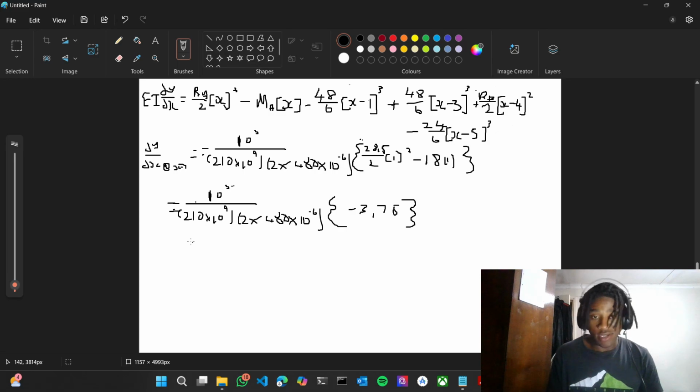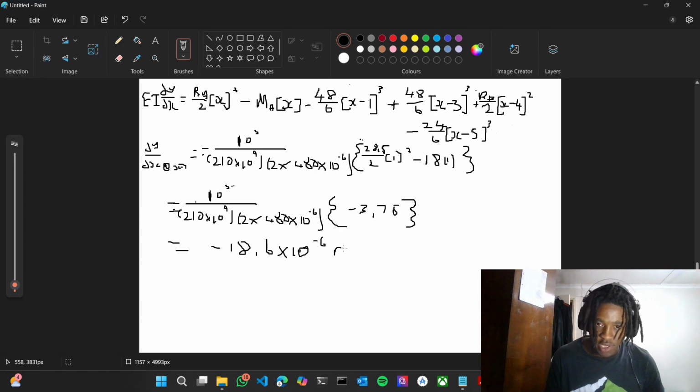Yeah, so again, this is all under the assumption that my calculations are correct, but the method is quite fine. So that'll yield minus 18.6 times 10 to the minus 6, and that's radians.